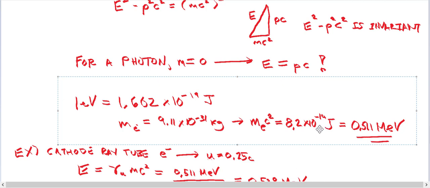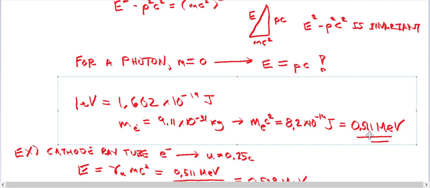We could convert this into electron volts, but the unit that we run across much more often is the mega electron volt. So the rest energy of the electron is 0.511 mega electron volts.